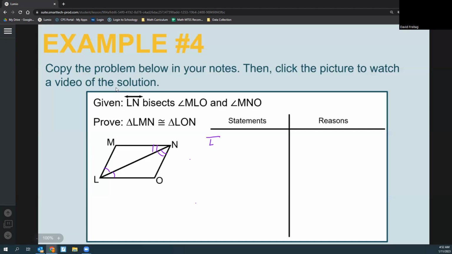Line LN bisects angle MLO and angle MNO. And that is given. So I need to name the actual angles. MLN is congruent to OLN.